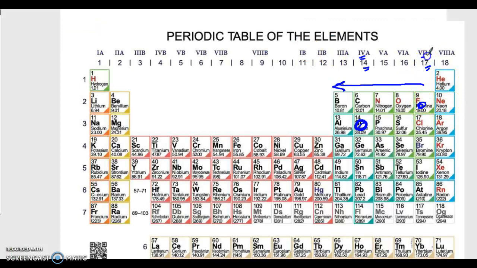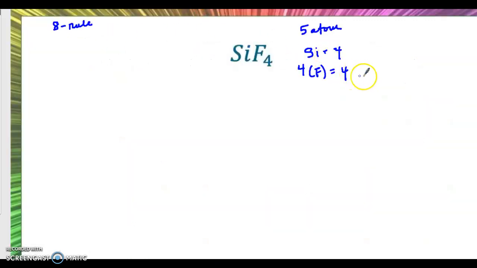Halogens have 7. Remember, they're closest to the noble gas configuration. They just need 1 more. So 4 times 7, 14, 28. So my total number of valence electrons to play around with here is 4 plus 28. That's 32 valence electrons, which sounds like a lot. You'll see that it can actually go pretty quickly.